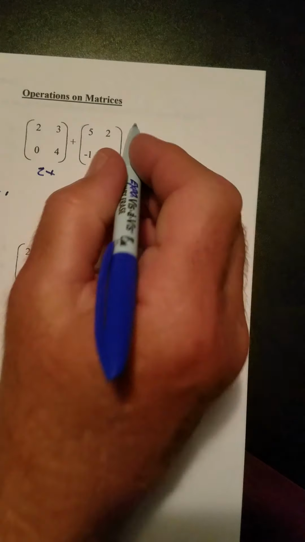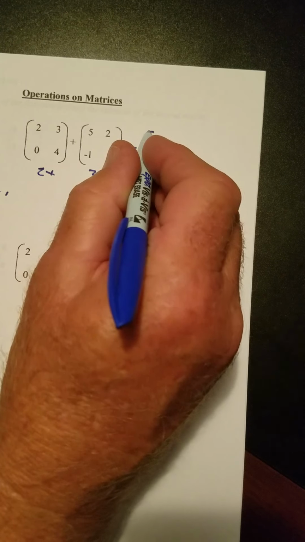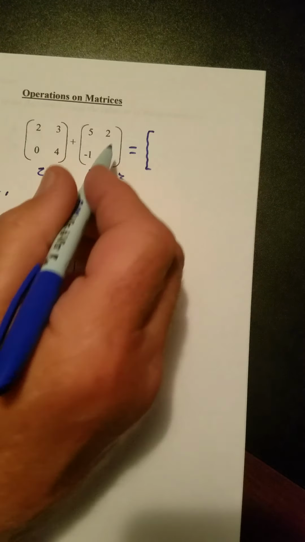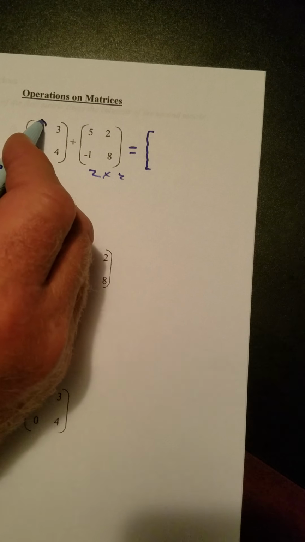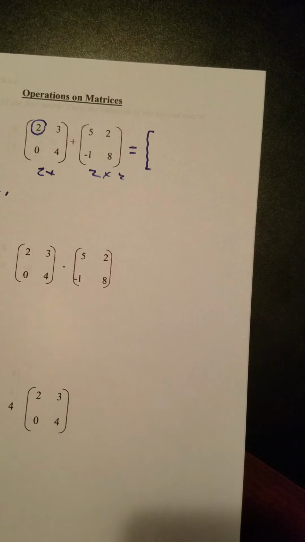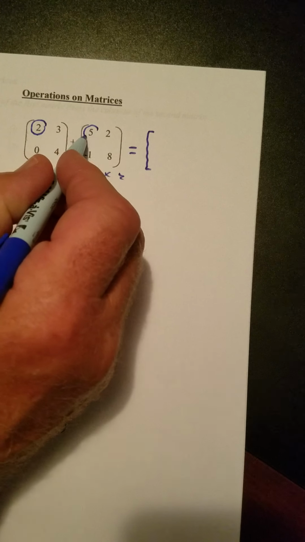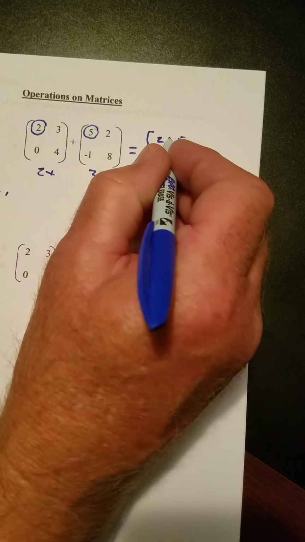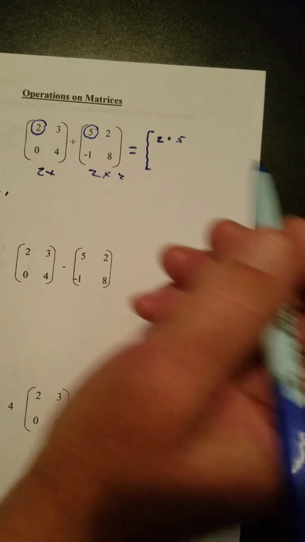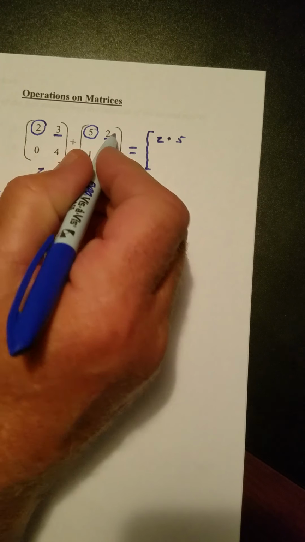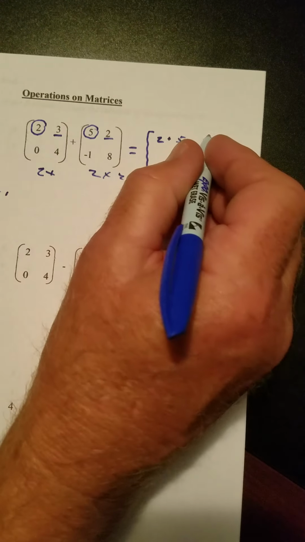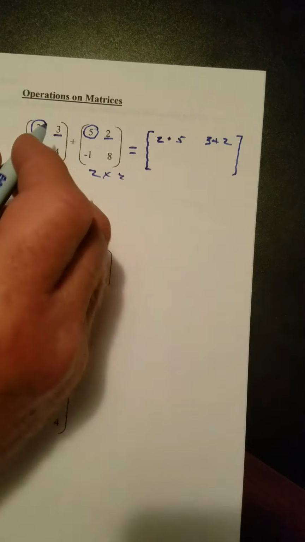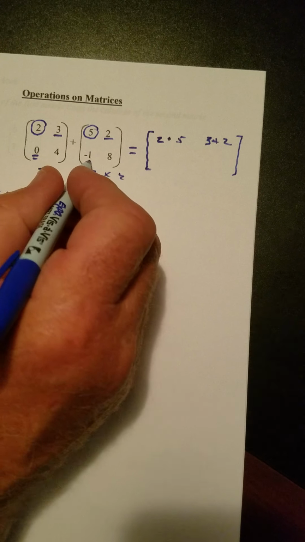So to add 2 matrices, what you're going to do is find the entries that correspond to each other. So I'm looking at the upper left entry there and the upper left entry there. And what I see is 2 plus 5. When I go here, the upper right, I see 3 plus 2. The lower left, I got 0 and negative 1.